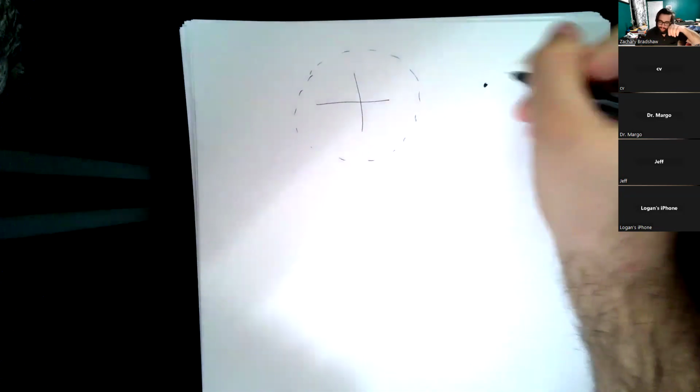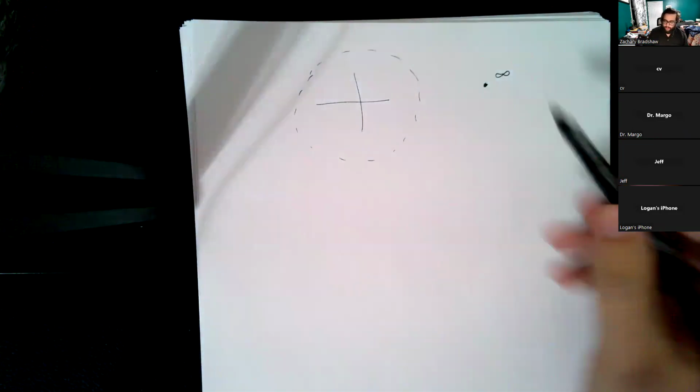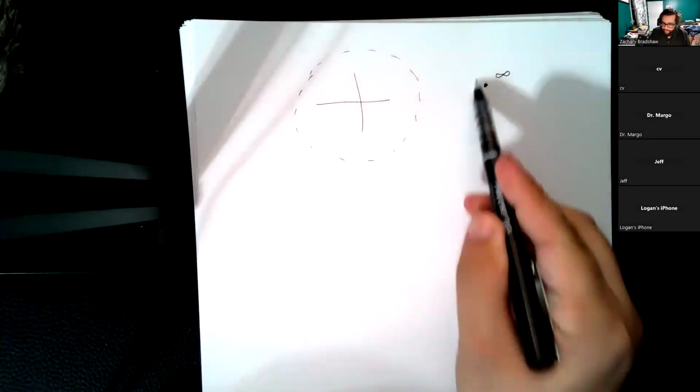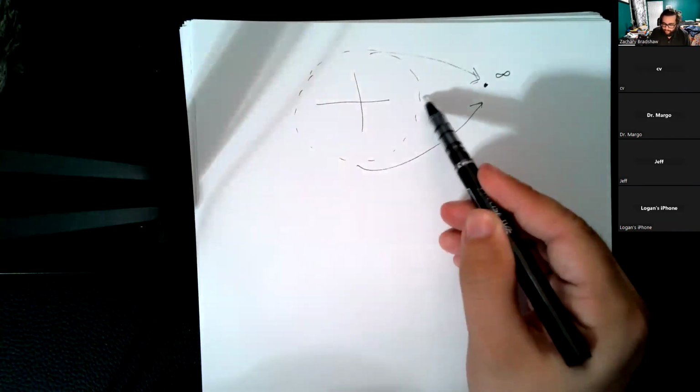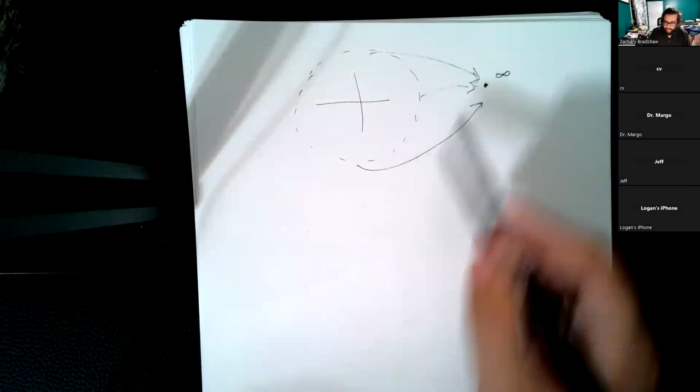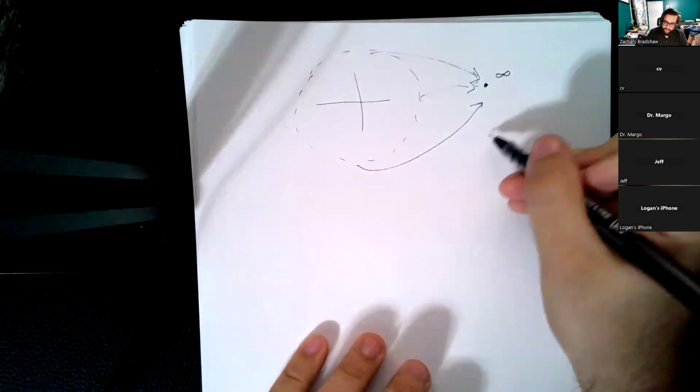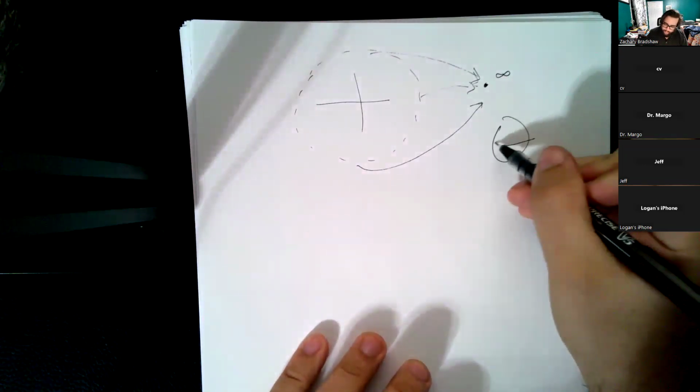So the point is infinity. So this entire boundary is getting mapped to this point, right? And so what you have is, well, the plane starts wrapping itself upward, and the boundary gets identified with that point. So what you have is a sphere.